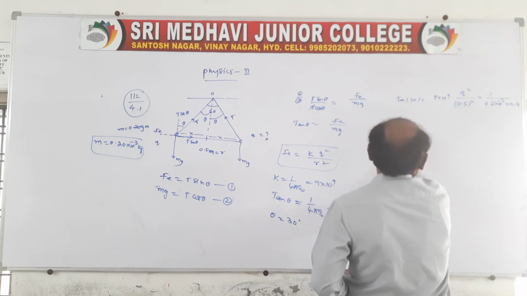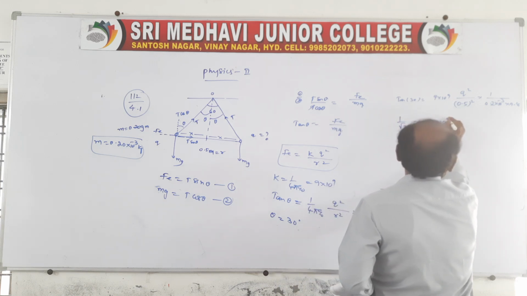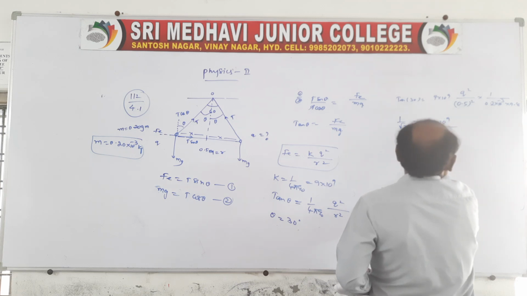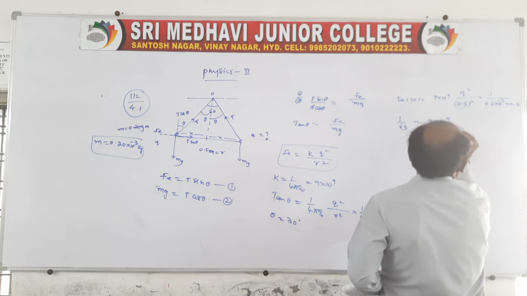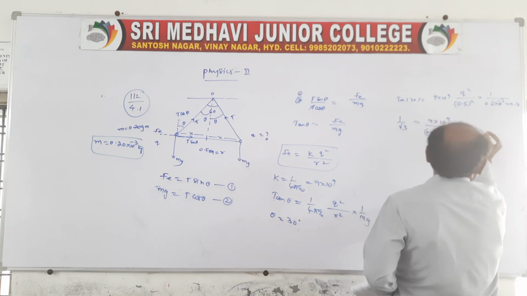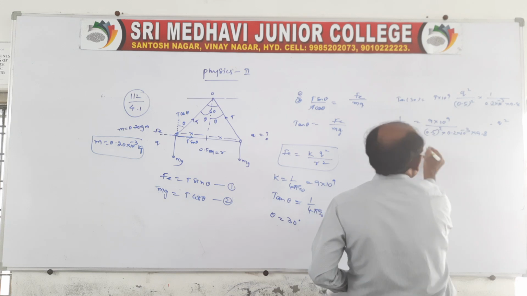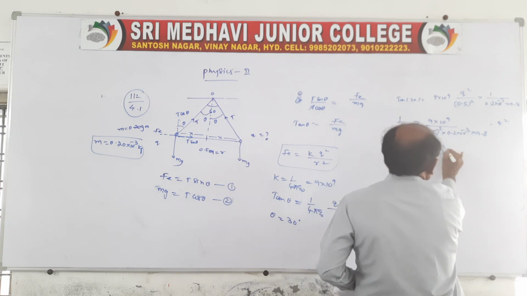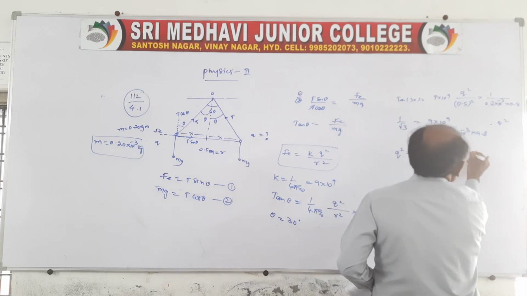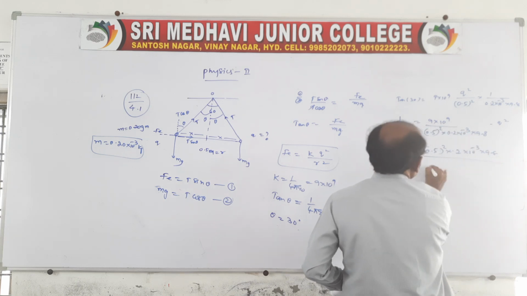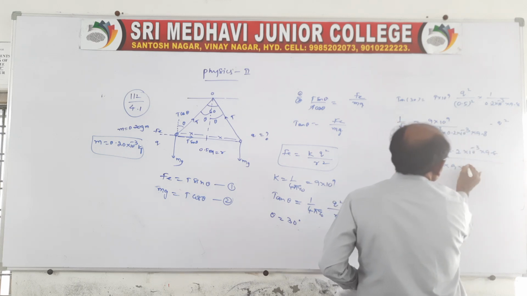So q square equals 0.5 whole square, 0.2, 10 power minus 3, 9.8 by root 3 into 9 into 10 power 9.